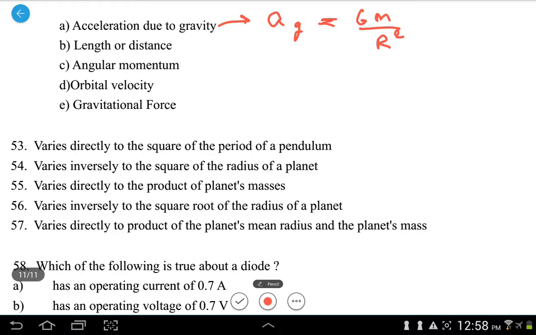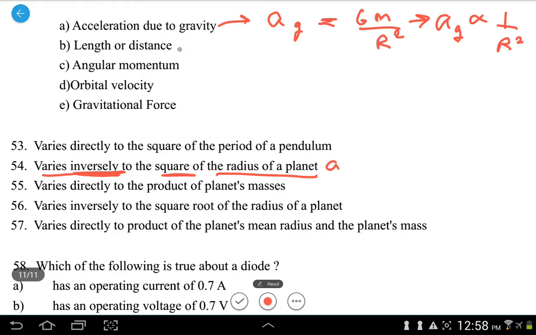And somehow I found out that this is number 54, varies inversely as the square of the radius of the planet. So acceleration due to gravity a_g varies inversely as the square of the radius. So my answer for 54 is A.